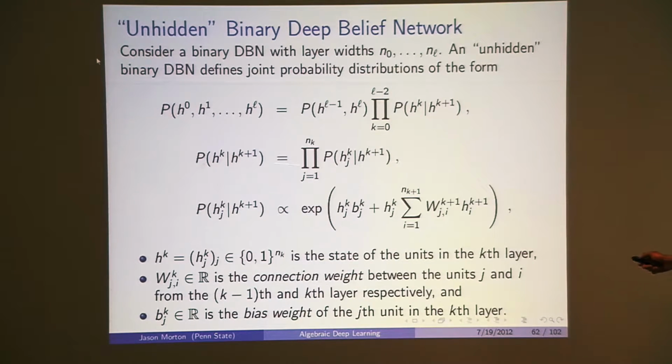And we have a specified form for all of these things on the inside. These things are just the state of each of the units. And the parameters are the connection weights between units j and i from the (k-1)th and kth layer. And I have one bias weight per layer. Okay.